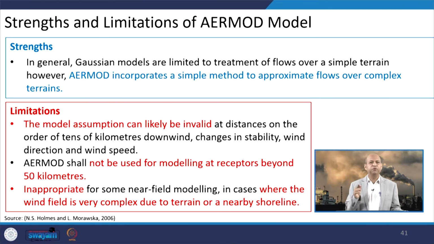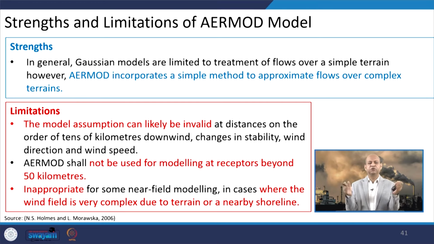So, in that simplified way, it is quick to learn and it can quickly process those estimated values, but limitations are there, like assumptions can be invalid at a distance on the order of tens of kilometers downwind, which can change the stability, wind direction and wind speed. So, that is why this is not very suitable for modeling receptors beyond 50 kilometers.